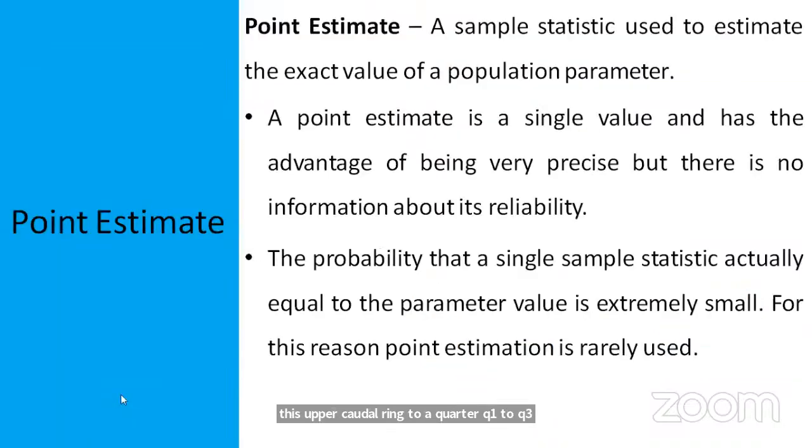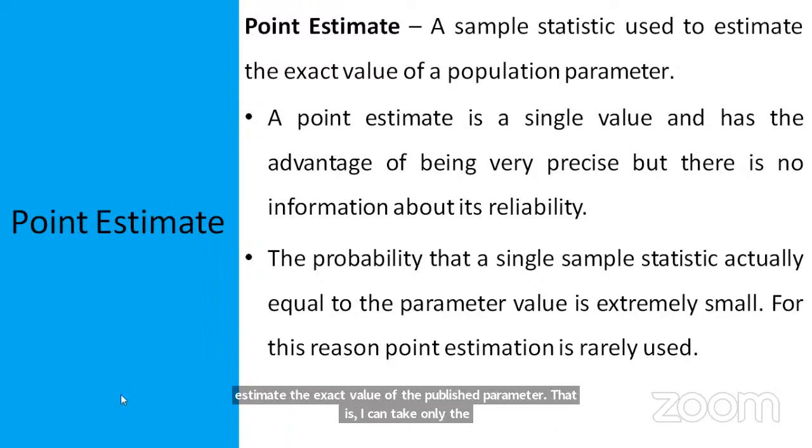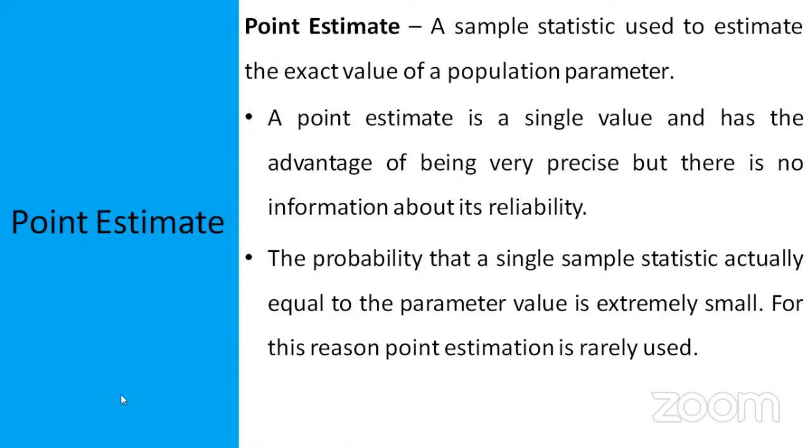The point estimation is a sample statistic used to estimate the exact value of the population parameter. The probability that the sample statistic actually equals the parameter value is extremely small.